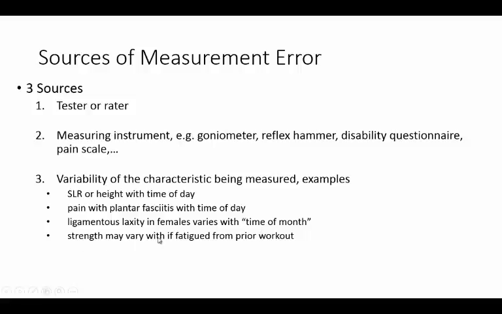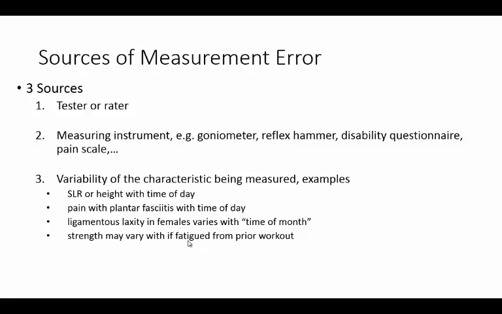The strength may vary if the person is fatigued. So if the person is tired, when you test the muscle strength, you can give them a low score because they are just tired, not because they are weak.